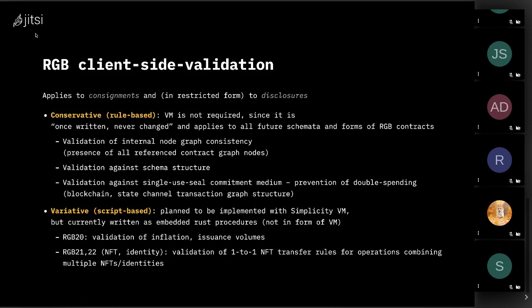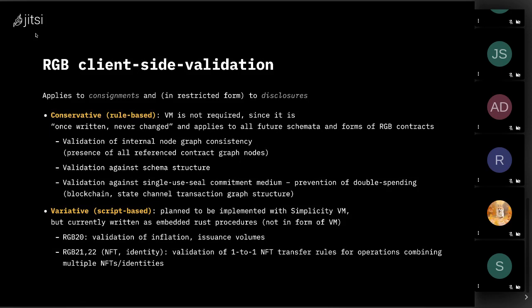However, there is a different part of the validation which I call variative or script-based, and it will be specific to each schema. Each schema can define validation rules on top of these conservative validation rules, and these rules should be implemented as a part of the schema.